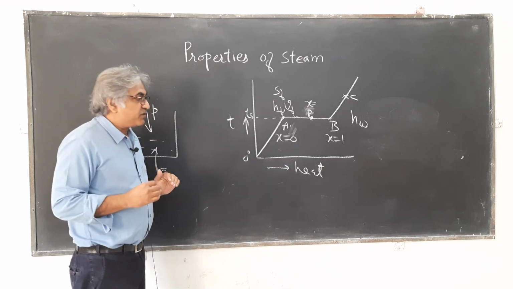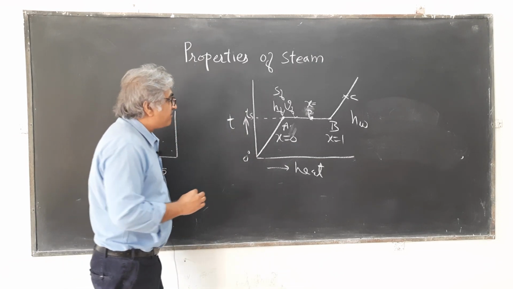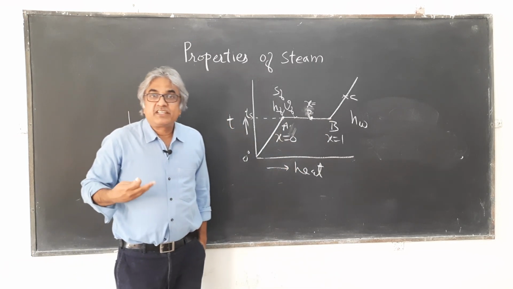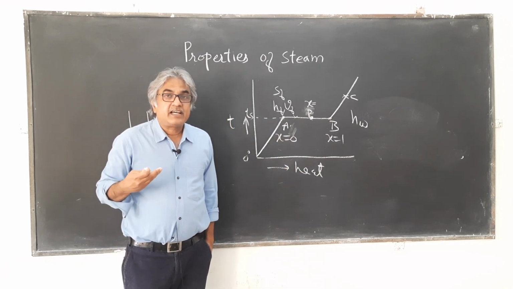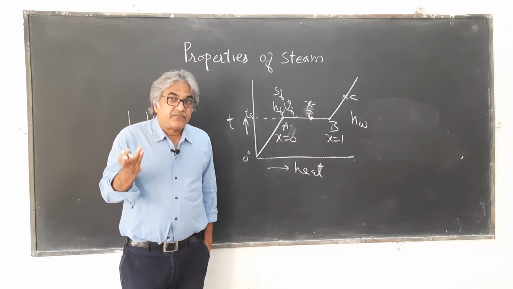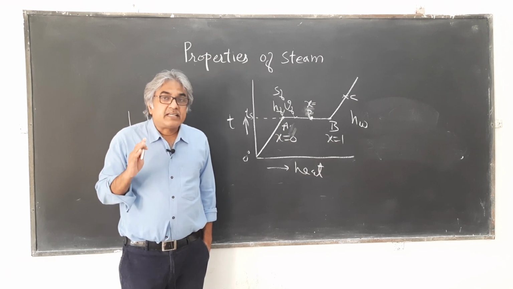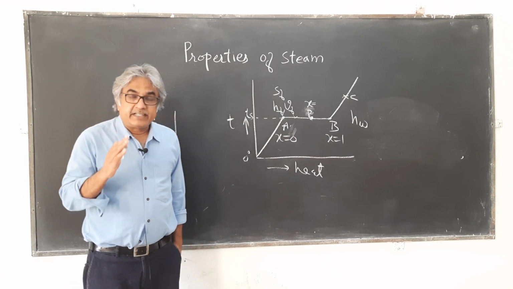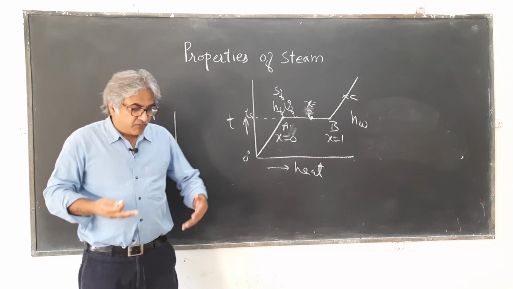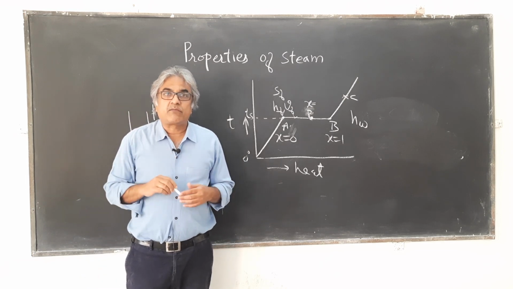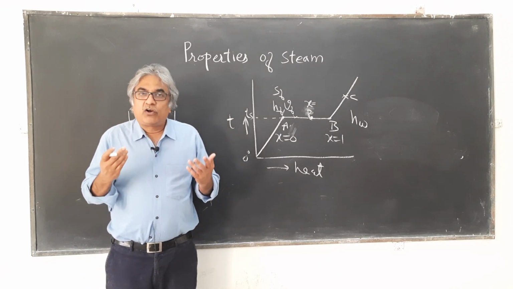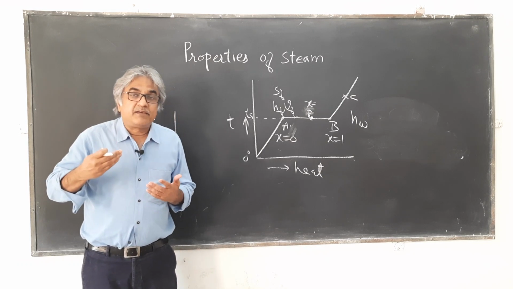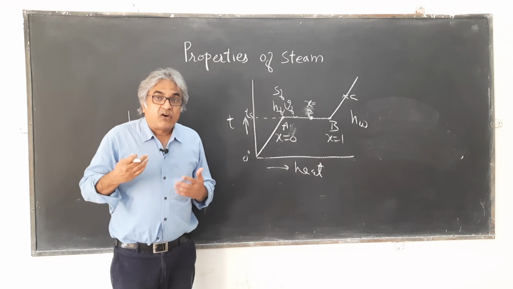But before that, let me introduce one more property term. Between A and B you are adding heat, but the temperature is not rising. The heat added during this phase transformation is termed the enthalpy of evaporation, or latent heat. Latent means which you cannot sense. If water is boiling and you insert a thermometer, there will be no rise in the mercury level of the thermometer.